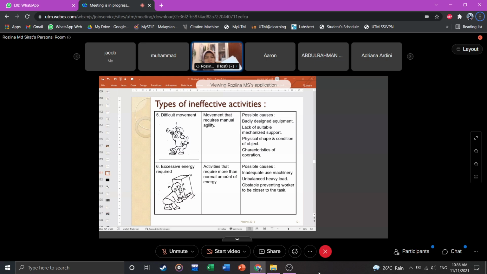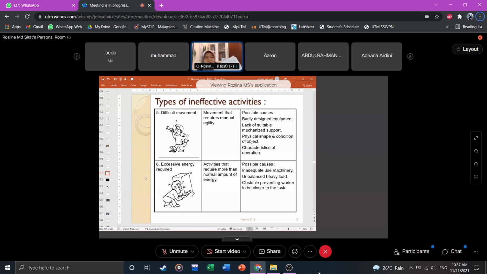Activity that requires more than normal amount of energy. Possible causes such as inadequate use of machinery, unbalanced heavy load, obstacle preventing worker from being closer to the task. Difficult movement and excessive energy required.